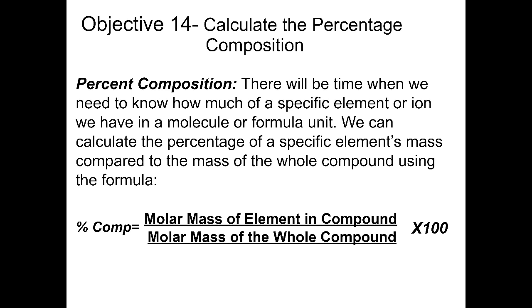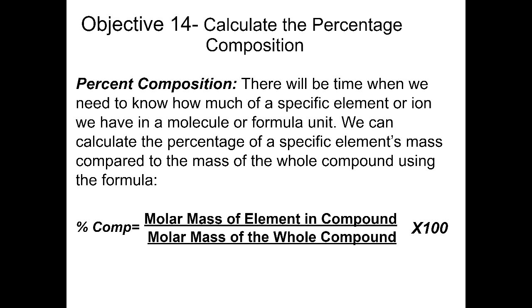All percentages should end up adding up to 100 if you're adding up pieces of the puzzle. In this puzzle, there are only 2 pieces: how much of the molecule is made up of hydrogen, and how much is made up of oxygen.